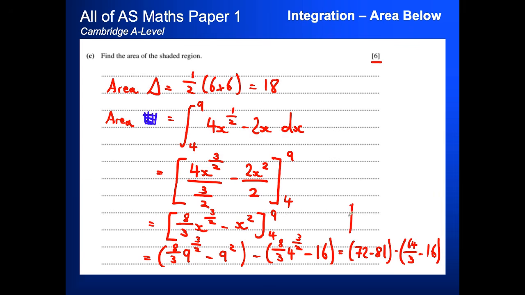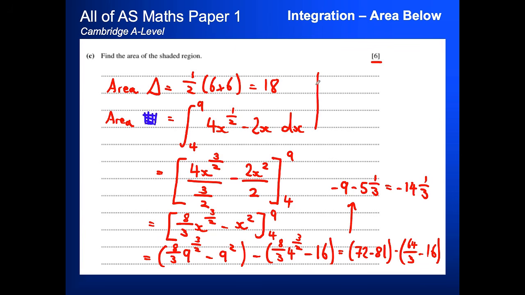And let's just pop up the answer over here. So 72 minus 81, that's going to give us negative 9. And it should be negative because we're finding an area below the x-axis. And if we work out 64 over 3 minus 16, that's going to be equal to minus 16/3. Again, you can use your calculator, and that's going to be equal to minus 14 1/3.